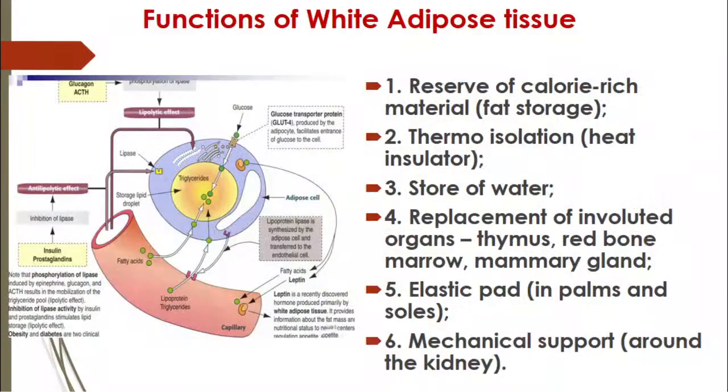We have also talked about the functions of adipose tissue: reserve of calorie materials, fat storage, thermoisolation, heat insulator, storage of water, replacement of involuting organs, thymus, red bone marrow, mammary gland, elastic pad in palms and soles, mechanical support around the kidney.